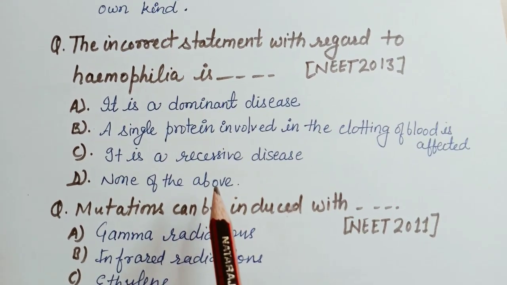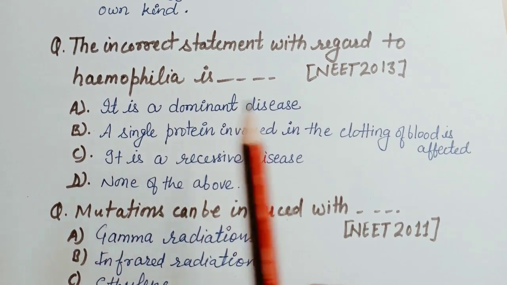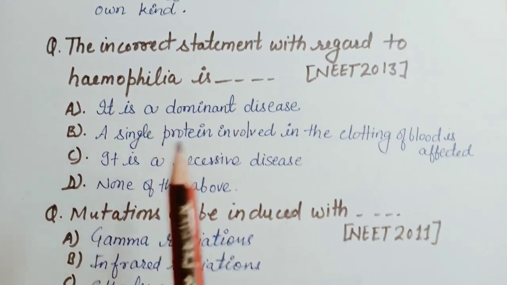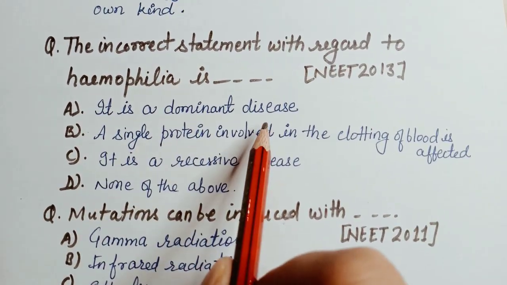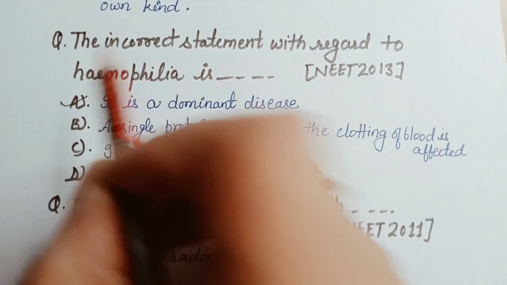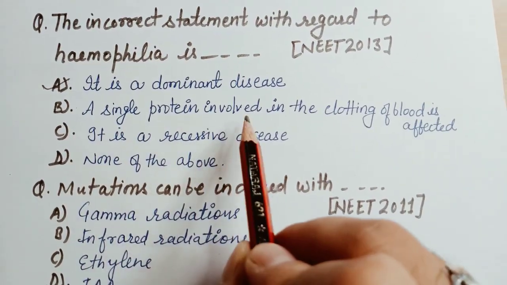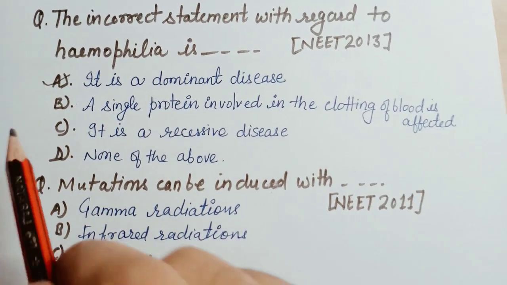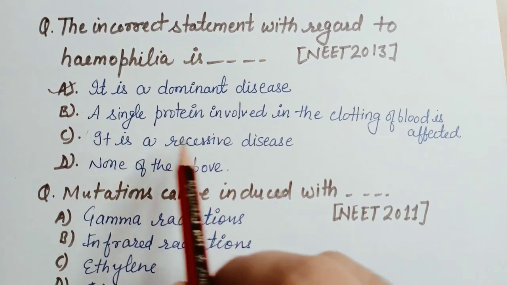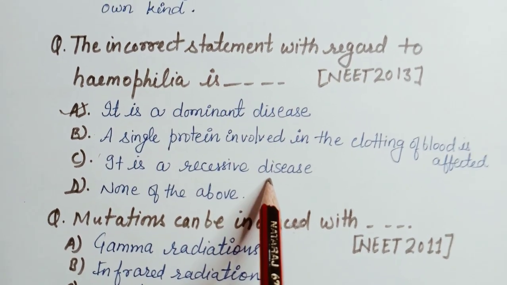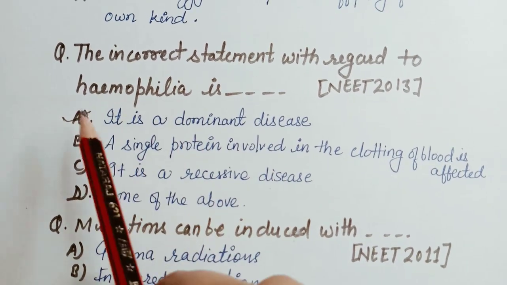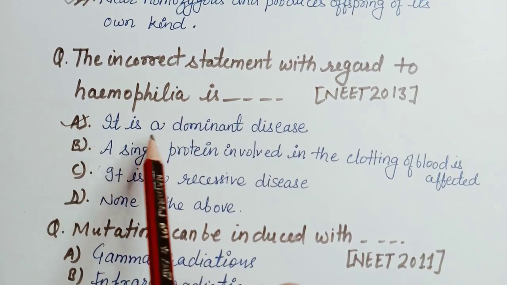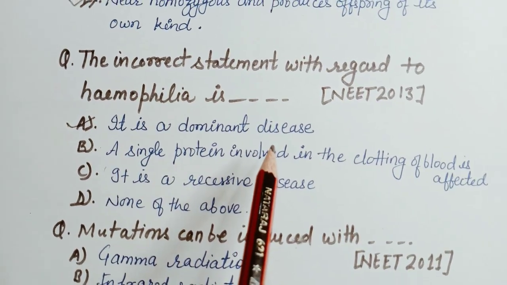So here we have to find out इनकरेक्ट स्टेटमेंट, गलत जो स्टेटमेंट है किसके रिगार्ड में, हीमोफीलिया. सो हीमोफीलिया इट इज अ डोमिनेंट डिजीज, ये इनकरेक्ट स्टेटमेंट है. और अ सिंगल प्रोटीन इन्वॉल्व्ड इन द क्लॉटिंग ऑफ ब्लड इज अफेक्टेड, ये करेक्ट स्टेटमेंट है. इट इज अ रिसेसिव डिजीज, ये भी करेक्ट स्टेटमेंट है. सो इनकरेक्ट जो स्टेटमेंट है वो है A, it is a dominant disease.